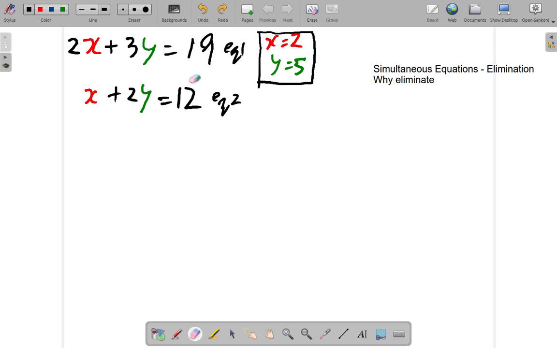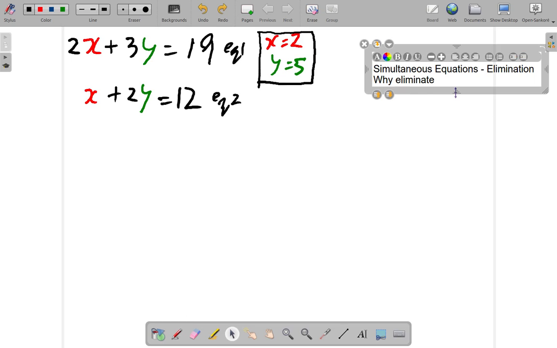So what we have to consider, suppose you form a third equation. What you could do is use that third equation, add or subtract to one of these equations, and get rid of x or y.